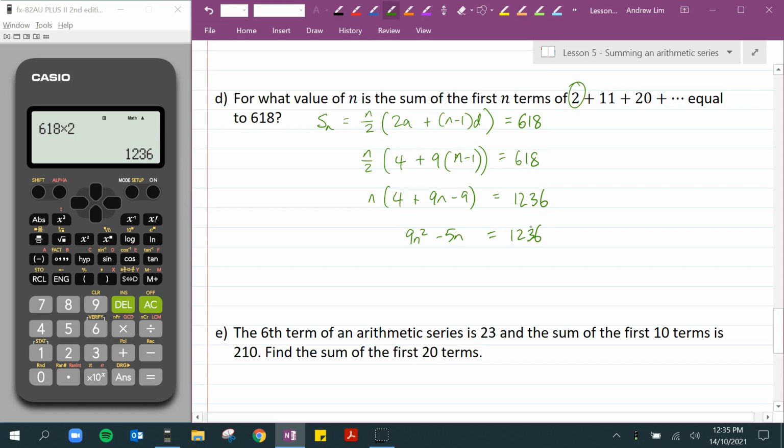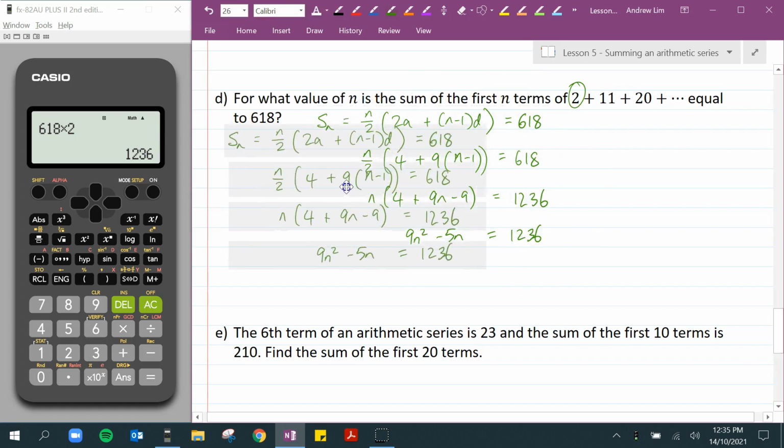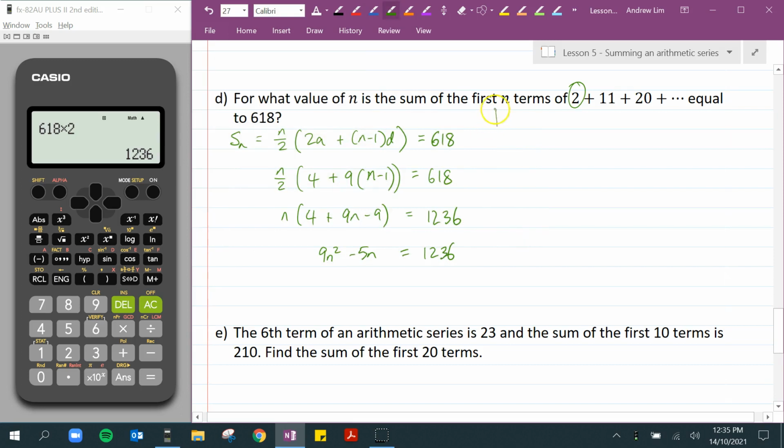I'm going to move everything to one side and make it equal to 0, and then factorize and see if I can solve this. So this gives me 9n squared minus 5n minus 1236 is equal to 0.